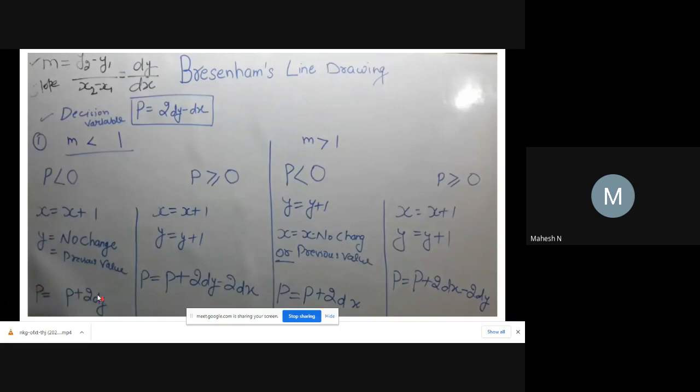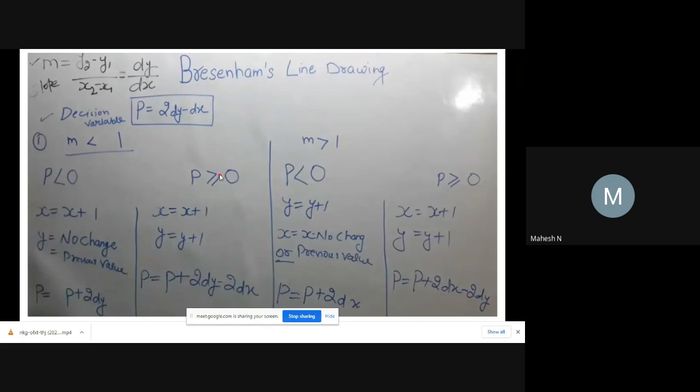On the same lines, if for your second vertex your decision variable was positive or 0, then you would have come this way, where you would have incremented x also by 1 and y also by 1, right? And your new decision variable for the third vertex will be with this equation.